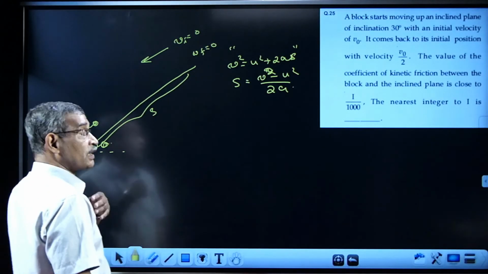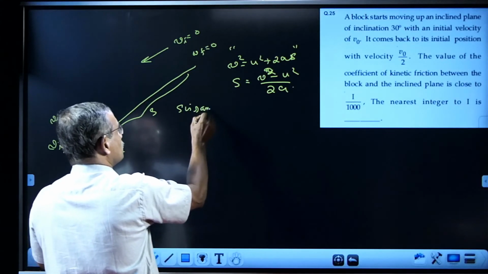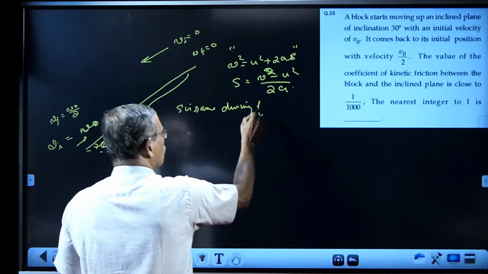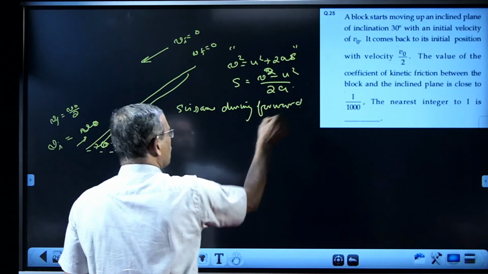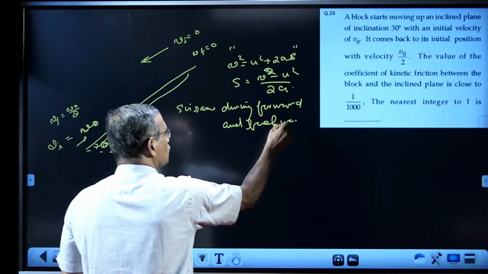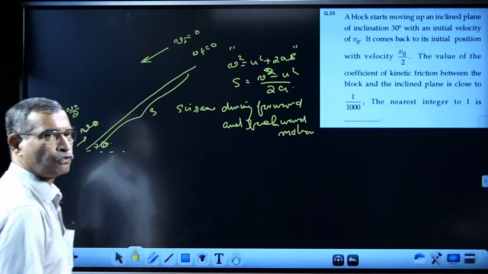So s is the same during forward and backward motion. Therefore, you can equate them.